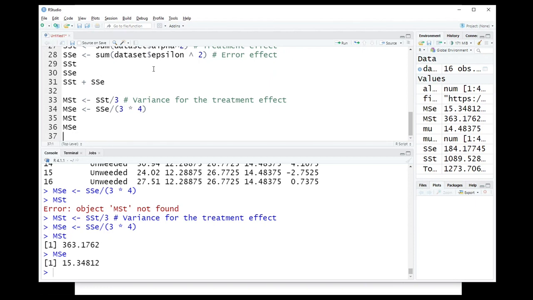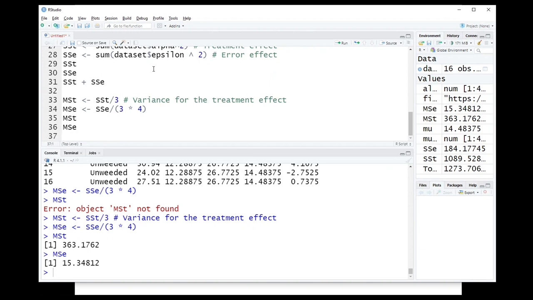How many degrees of freedom do we have? Let's consider the treatment effect alpha. We have seen that we have just 3 degrees of freedom. In general, the number of degrees of freedom for the treatment is equal to the number of treatments minus 1.